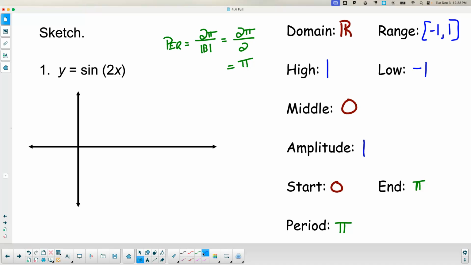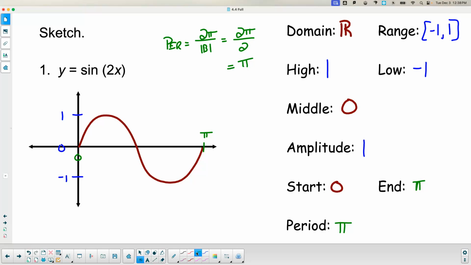Draw yourself a sine function, and then go fill in your vertical values. That's your high, your low, and your middle. We're starting still at 0, but now we're ending at pi.